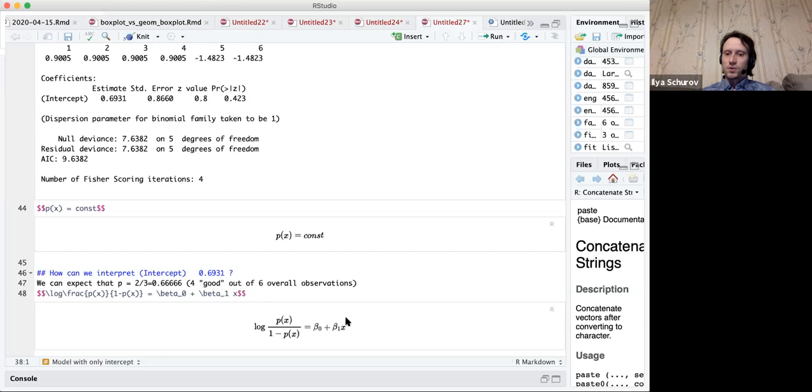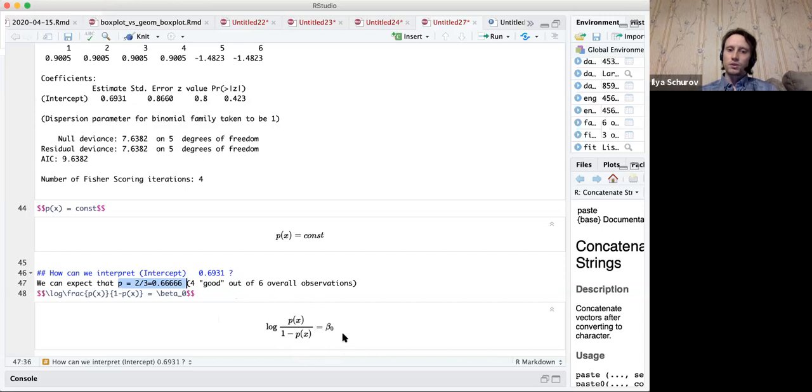Beta1 equals to 0, yes. So I can just remove this term altogether. I get this formula. So let us check that this formula holds. So we can expect that p is this value.